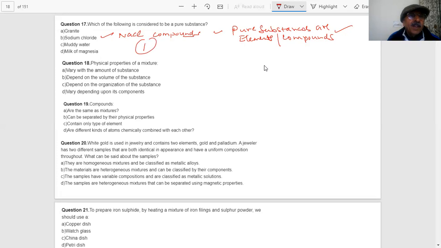Okay. Physical properties of a mixture vary with the amount of substance, depend on the volume, depend on the organization, or may vary depending upon its components. What is your answer, student?